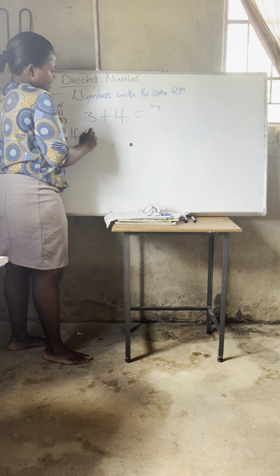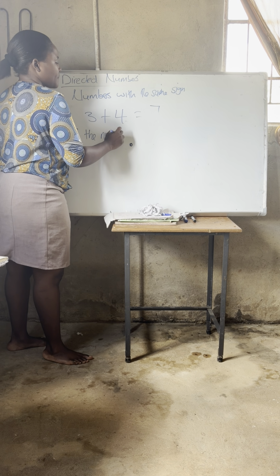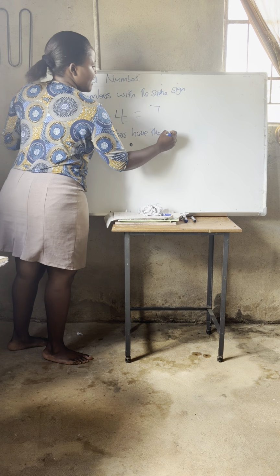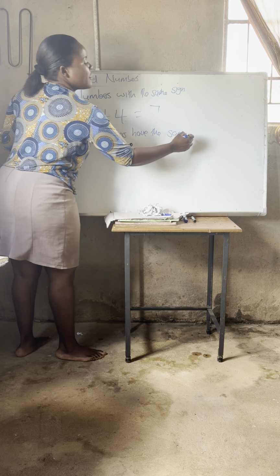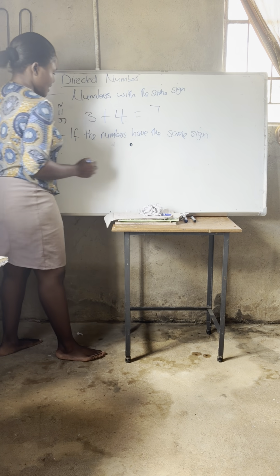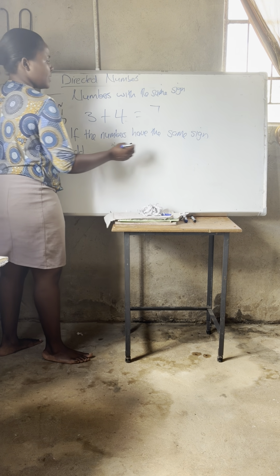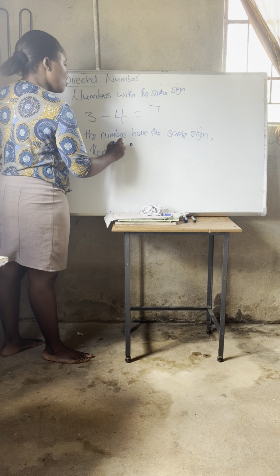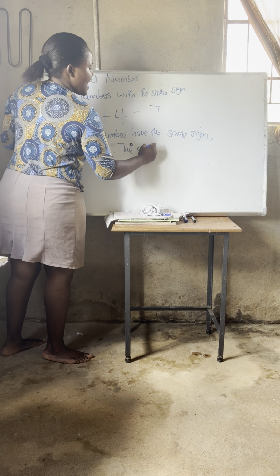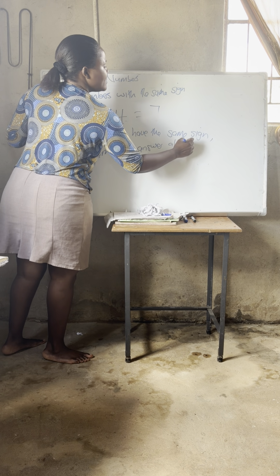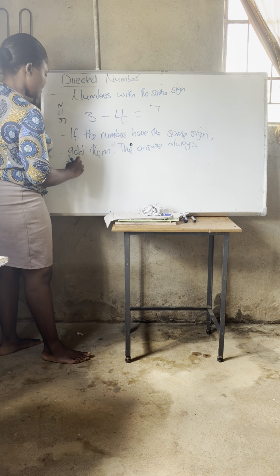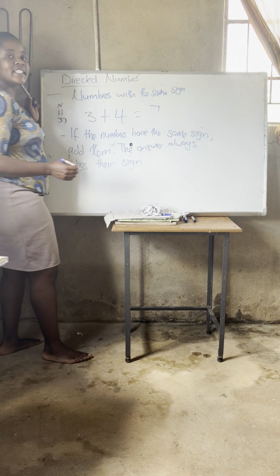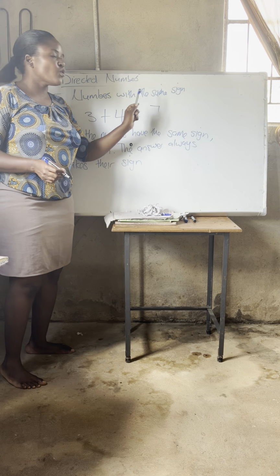I want you to write this point down. If the numbers have the same sign, add them. The answer always takes their sign. 3 plus 4 is 7.